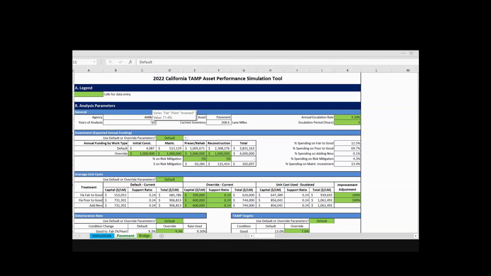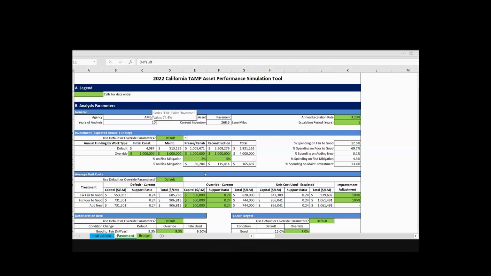So in B, only these green highlighted cells allow the users to edit. All other inputs are preset or calculated.